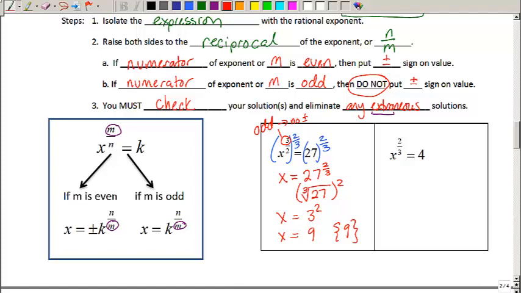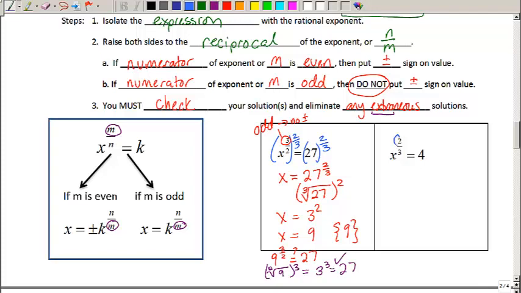In order to check, I'm going to plug 9 into x. 9 to the 3/2 is supposedly equal to 27. I put the little question mark there because you don't really know if it's equal or not. We're checking. So this is the square root of 9 cubed, and the square root of 9 is 3, and 3 cubed is 27, so this does check out.